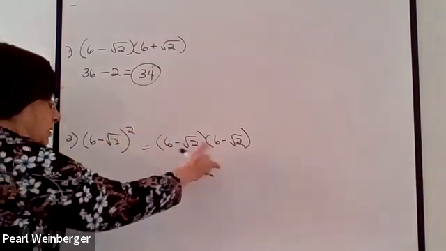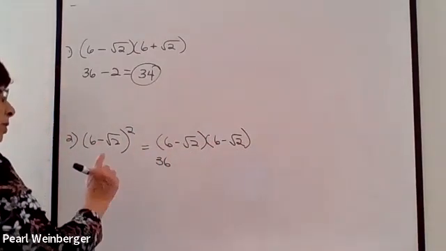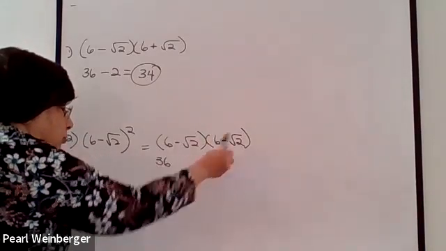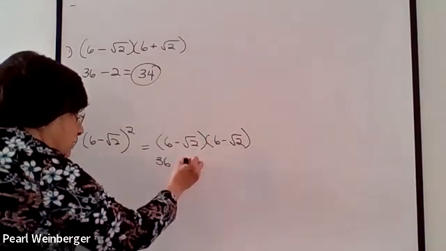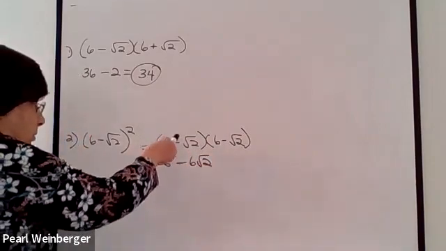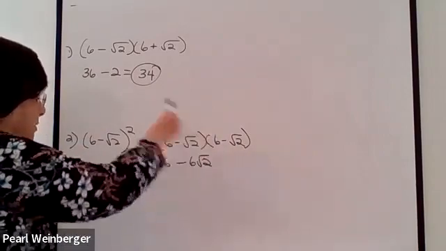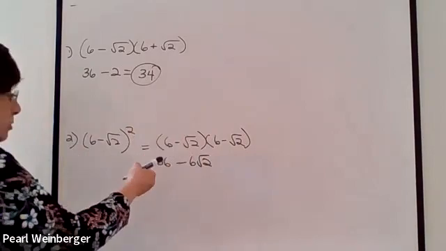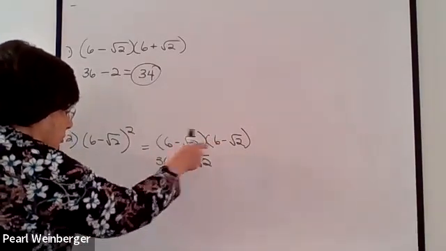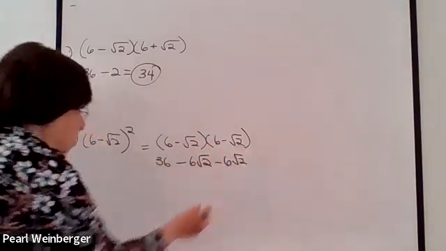First, 6 times 6 will give me 36. Now we do outer. 6 times negative radical 2, which gives me negative 6 radical 2. Inner will be negative radical 2 times 6. Remember, the 6 is on the outside, the radical 2 is on the inside, so I can't multiply them together. I just do minus 6 radical 2 as well.